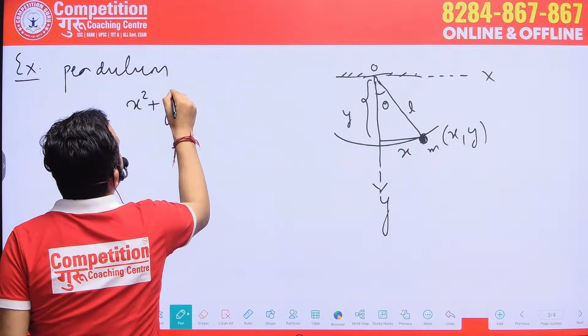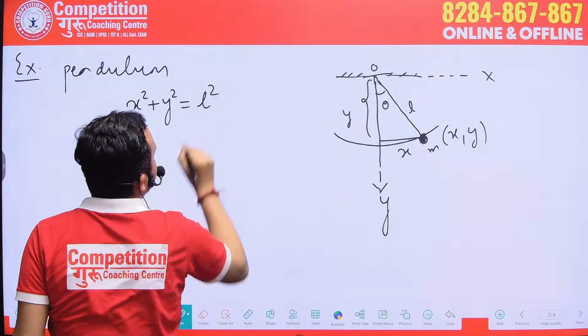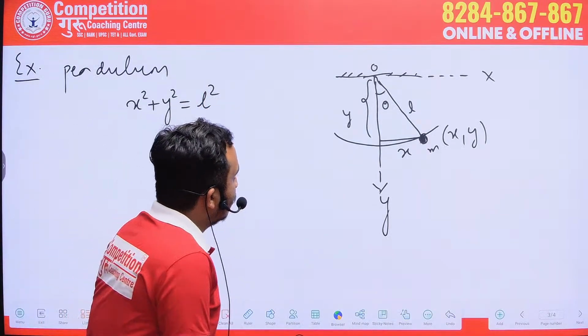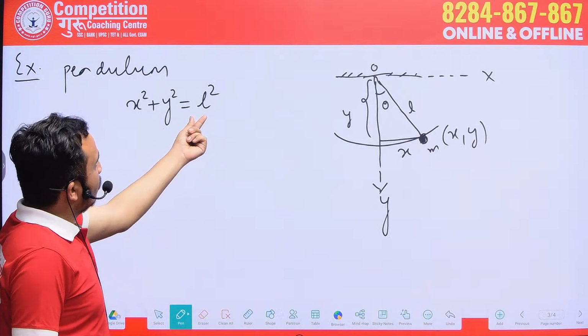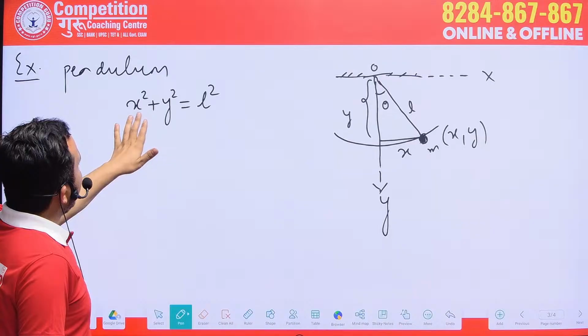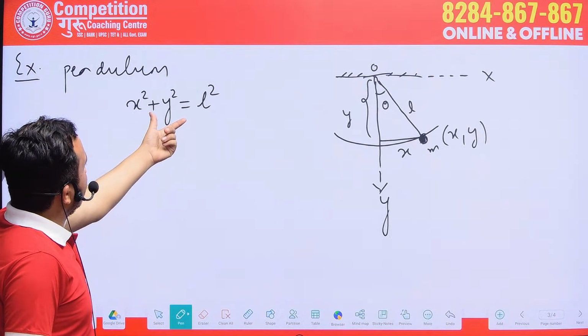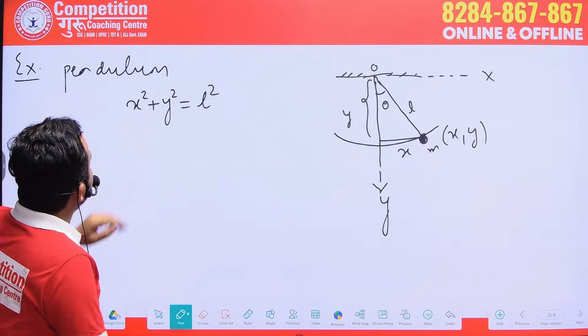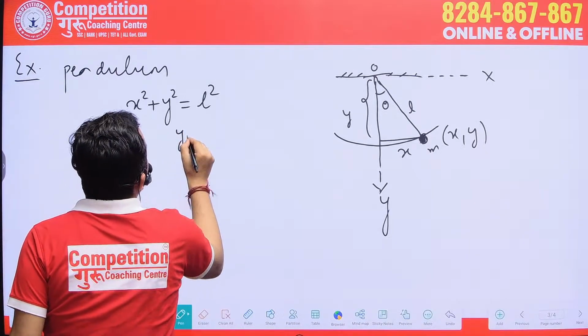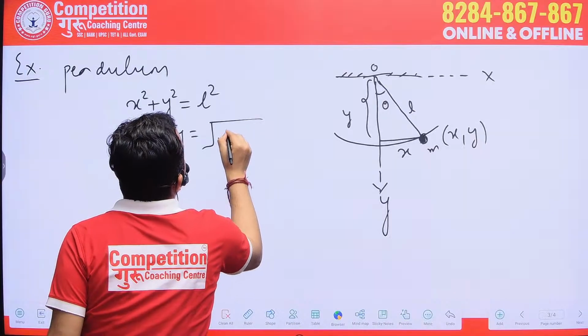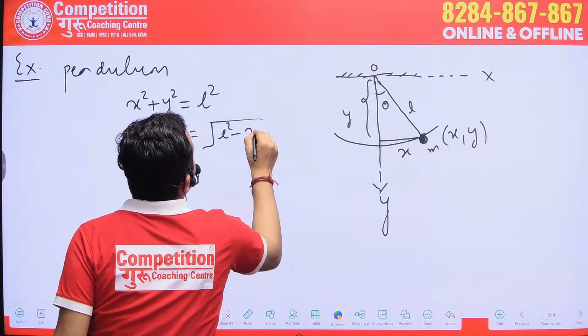plus y square is equal to L square. Okay, so x square plus y square is equal to L square. So here these x and y are related by this equation. For example, y can be written in terms of x because L is a constant.